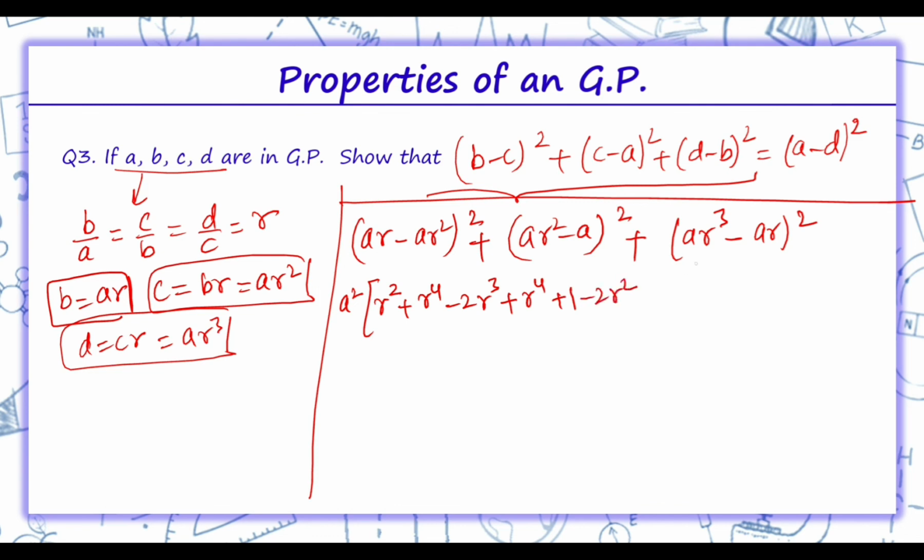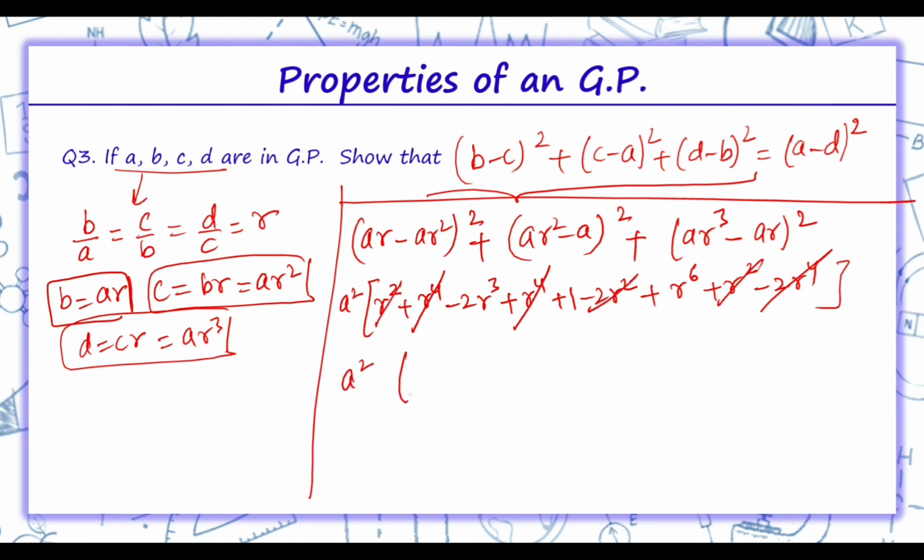Using the same formula here also, we will get (R cubed minus R) squared, because A we have already taken common. So, here it will be R to the power 6 plus R squared minus 2R to the power 4. So, R to the power 4 and R to the power 4 is 2R to the power 4, this will be cancelled out, and R squared and minus 2R squared will be cancelled out.